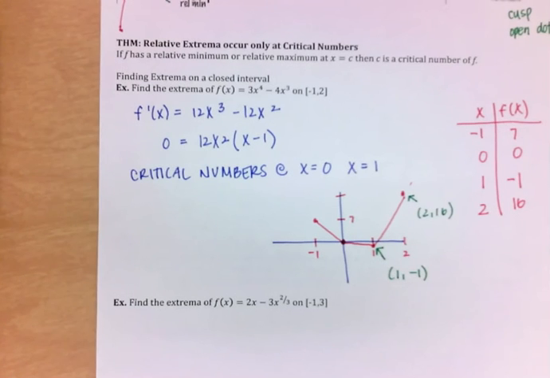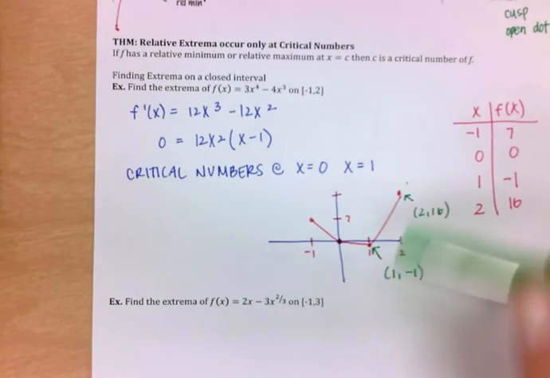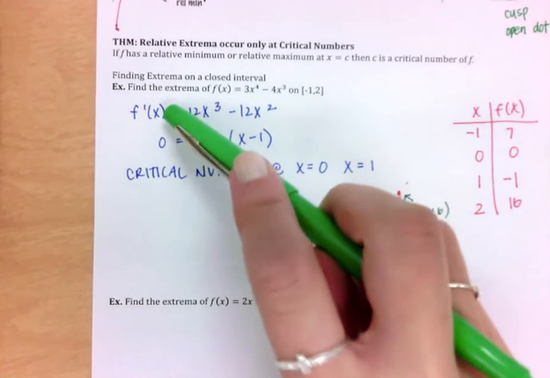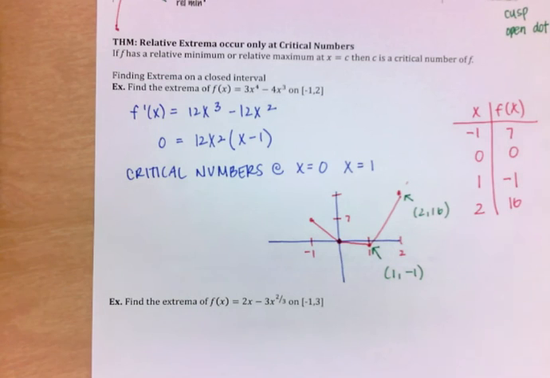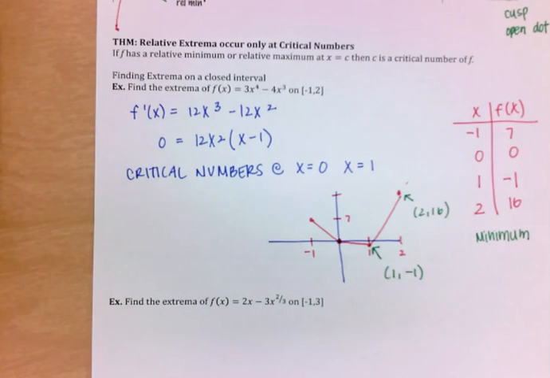Okay, so we were asked to find the extrema. The extrema are the y values. If you want to write this as a sentence, they asked you to find the extrema. The extrema are a minimum, which is found, and you can say this a few different ways. You can say the minimum is found at x equals 1. The minimum is negative 1.